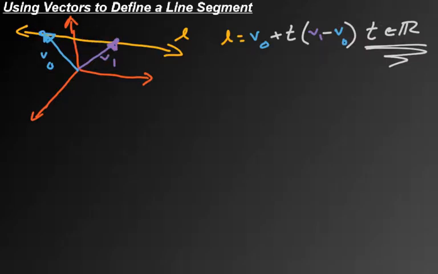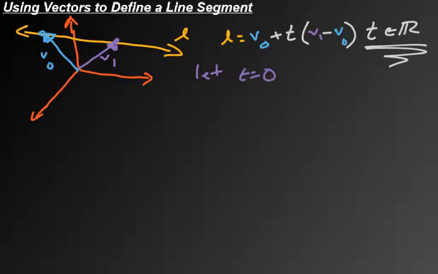So if you take that direction vector and scale it, for all t, you get this yellow line. What I want to show first is, let's say t equals 0.